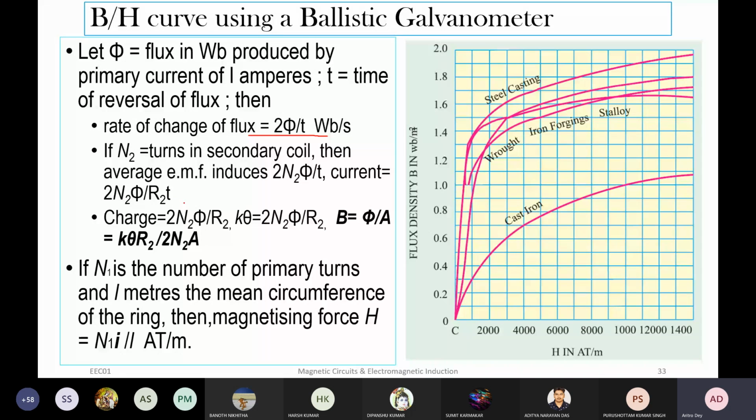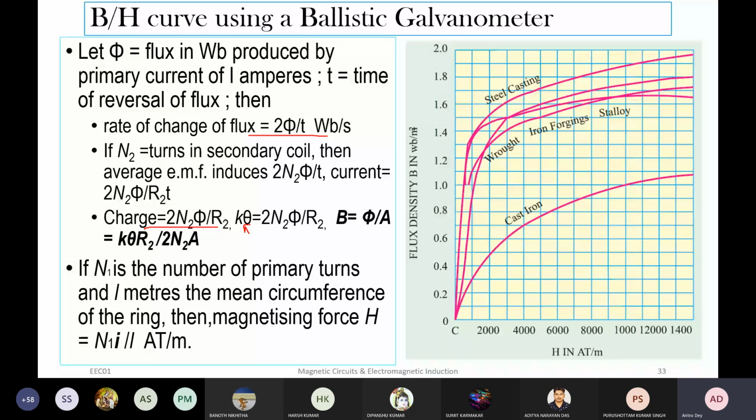So ultimately charge is equal to 2 into N2 into phi divided by R2, and that is equal to K theta, as per the principle of the galvanometer, because the galvanometer gives a deflection proportional to the charge.